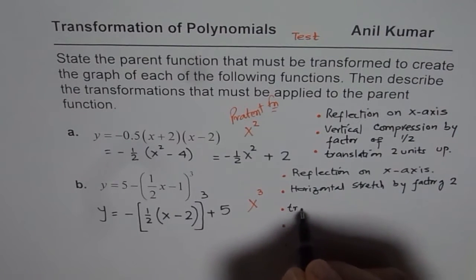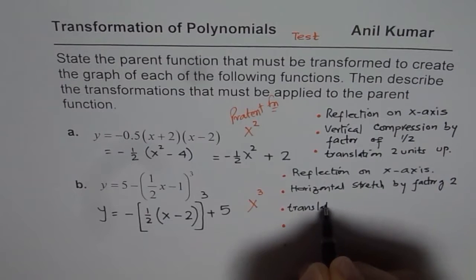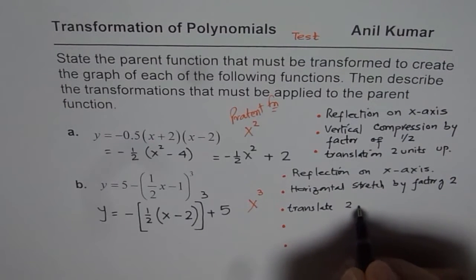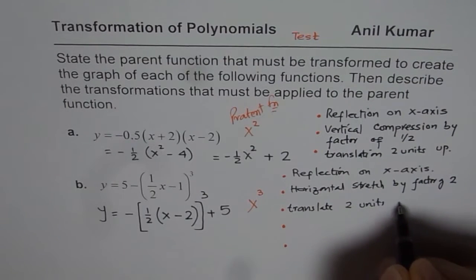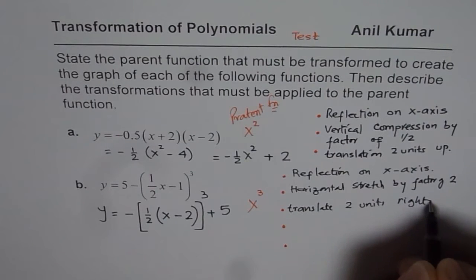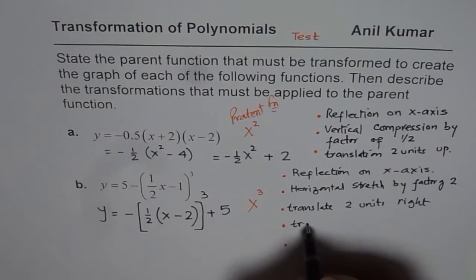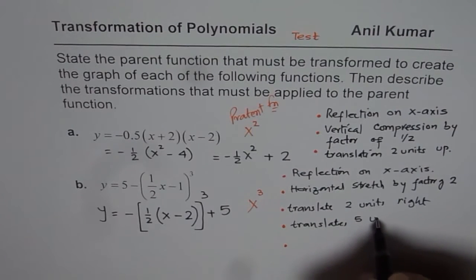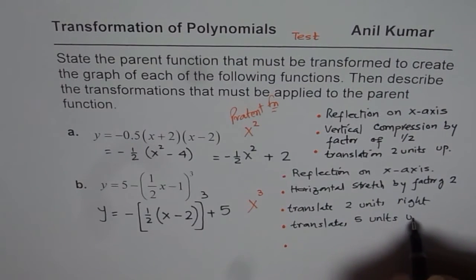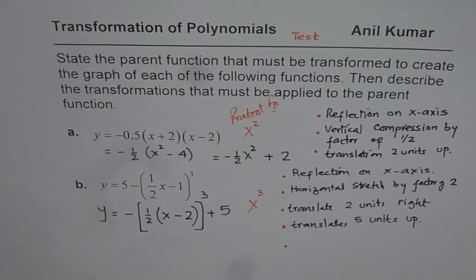It translates 2 units, and plus 5 is a translation, so we can say translate 5 units up. So these are the transformations which have taken place for the second function.